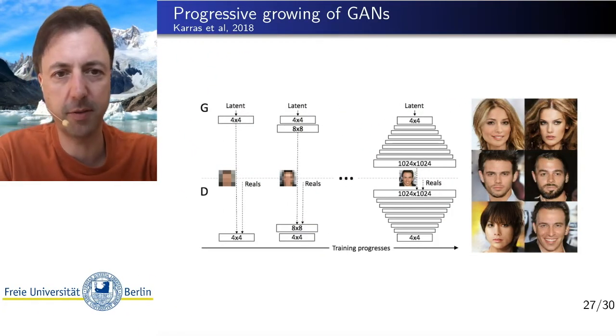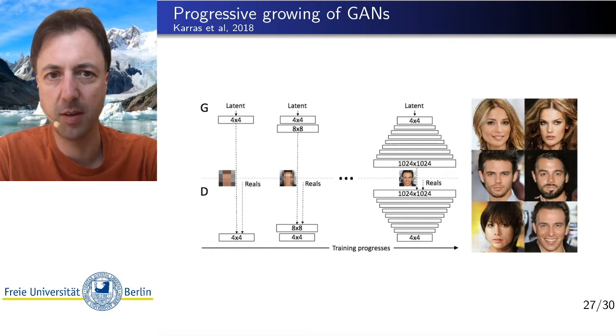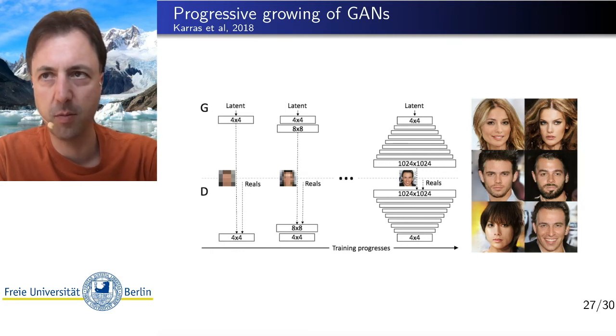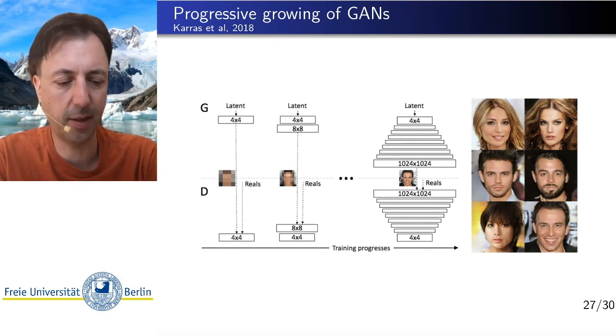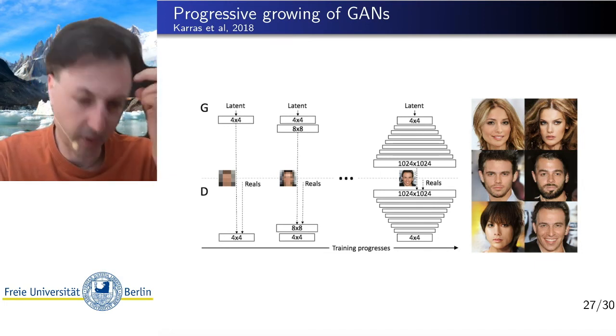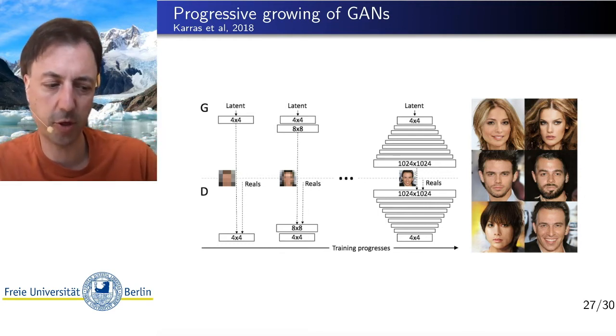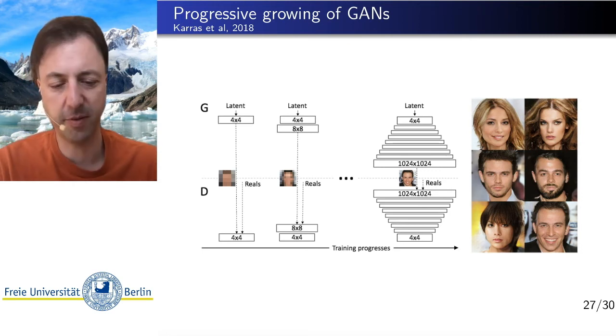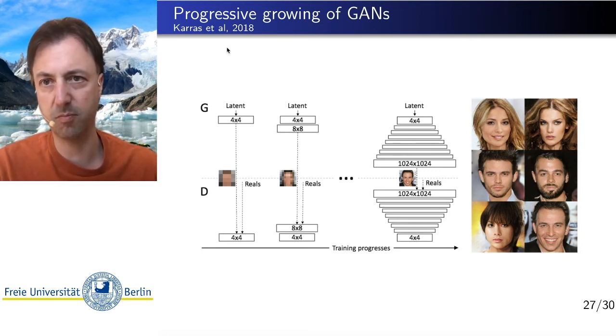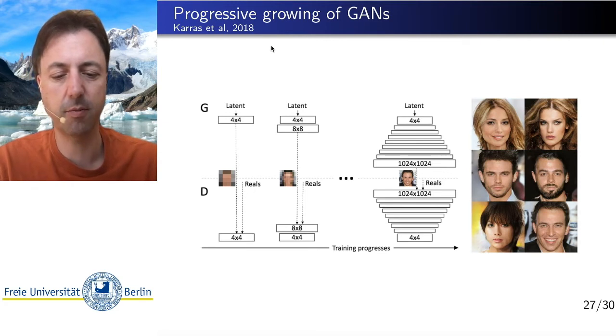Finally, I want to end with a very important development in the GAN world, which started with this paper, Progressive Growing of GANs. The idea is the following: for GANs, or generally for generative neural networks, before this paper appeared, before 2018, it was relatively feasible to generate small images, so images without too high a resolution, not too many pixels.